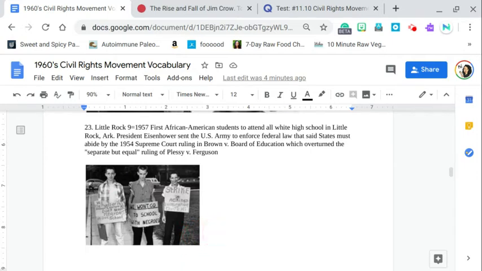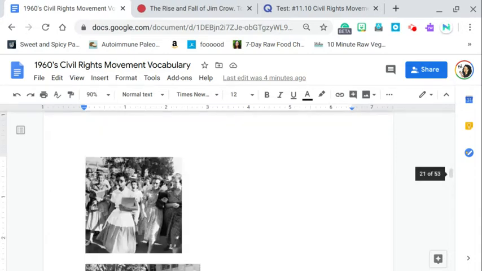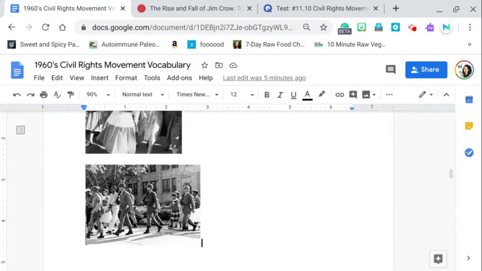They were striking. They said, oh no, I'm not going to go to school with Blacks. You see here this woman shouting, and they were being very cruel to the nine students, to the point where the guards had to follow them in.